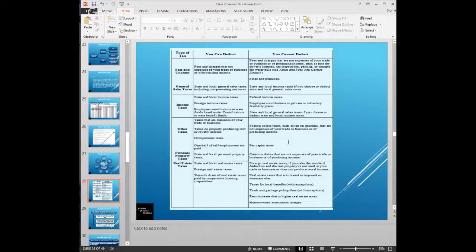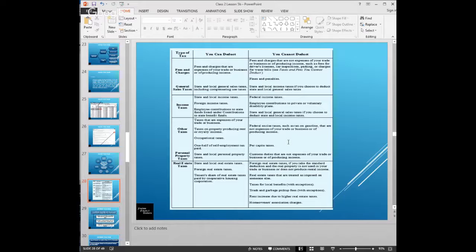That's the key there. Regarding your income taxes, foreign income tax is deductible. State and local income tax is deductible. Any employee contributions to state funds that are listed under contributions to state benefit funds would be deductible. What you cannot deduct is federal.